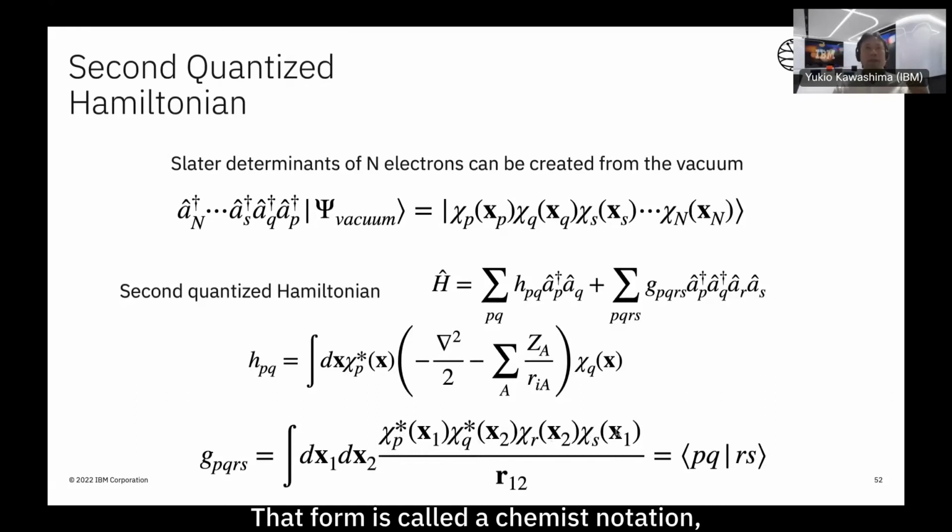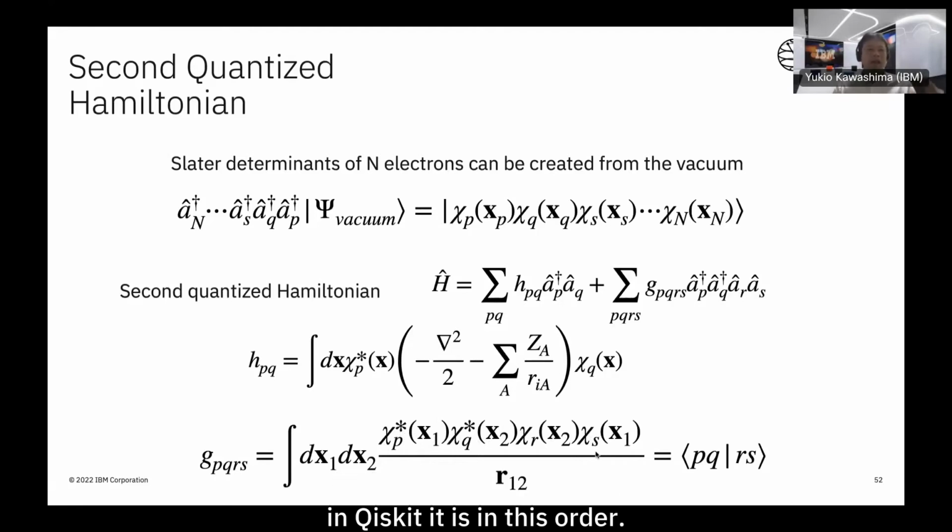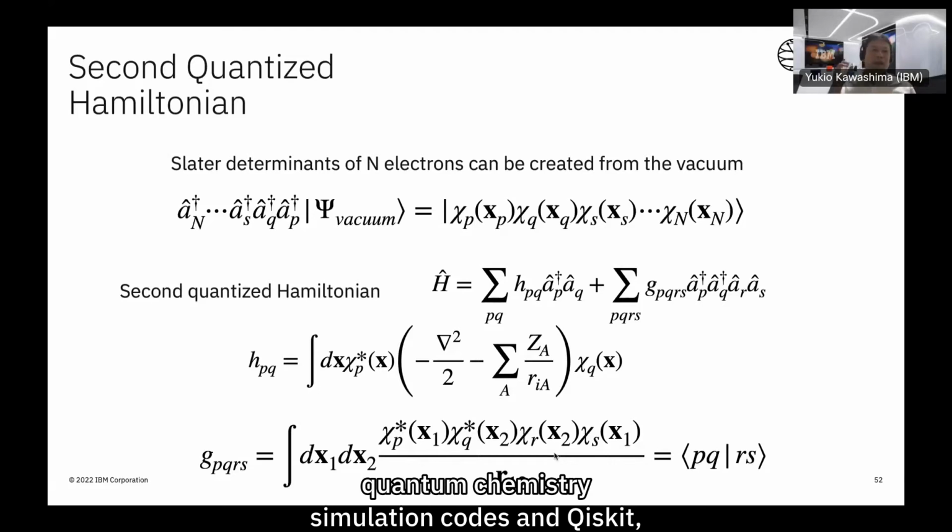That form is called the chemist notation, and this notation is called the physicist notation. I wrote these integrals in the physicist notation on purpose because in Qiskit, it is in this order. So if you're using both quantum chemistry simulation codes and Qiskit, please be aware that the ordering can be different.